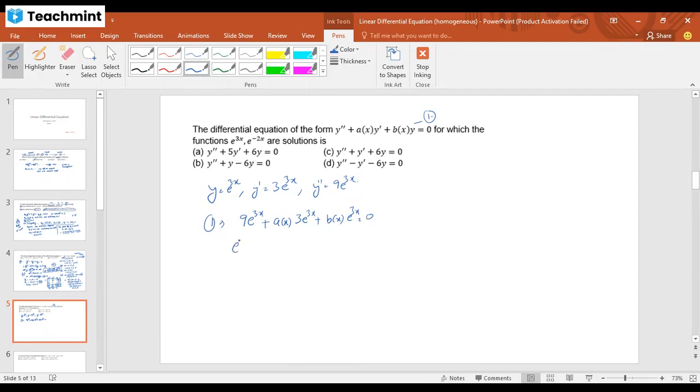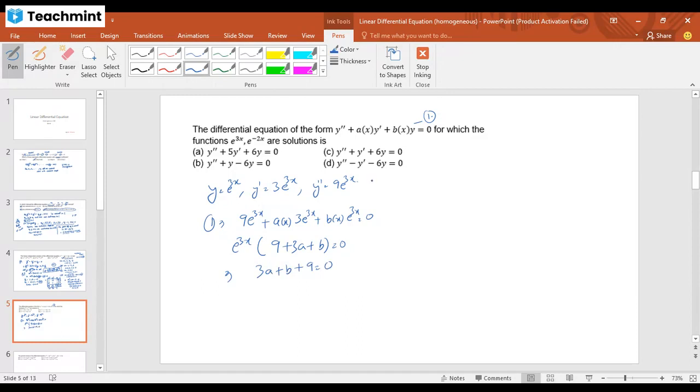So with e power 3x taken outside, we get 9 plus 3a plus b equal to 0. Obviously, e power 3x is not equal to 0. It will give us the first equation as 3a plus b plus 9 equal to 0.